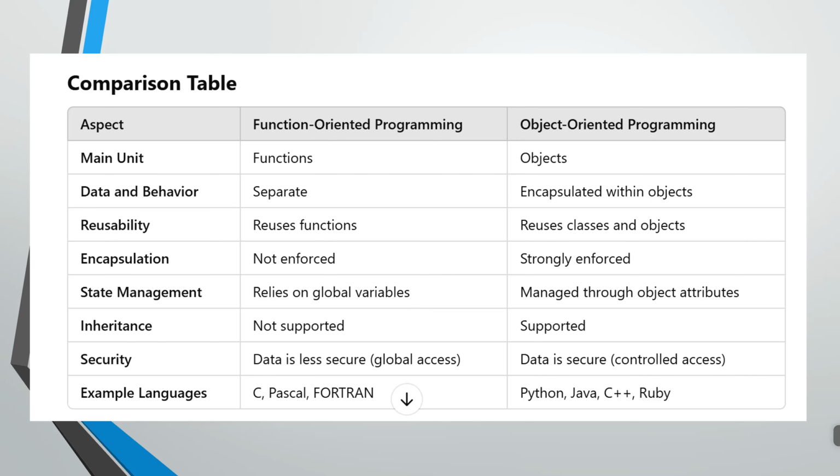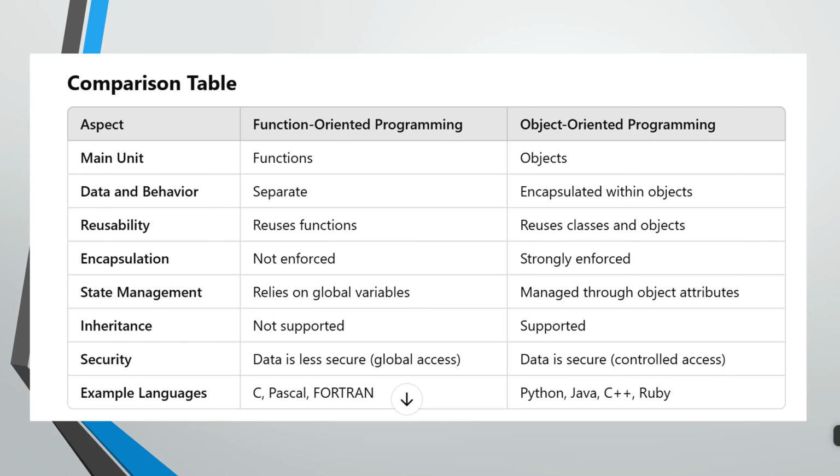Function oriented programming doesn't enforce encapsulation, but object oriented programming strongly recommends encapsulation. So data encapsulation is enforced in object oriented programming. It's not easy to get the data straight away using object oriented programming, but it is easy to get the data straight away using function oriented programming.